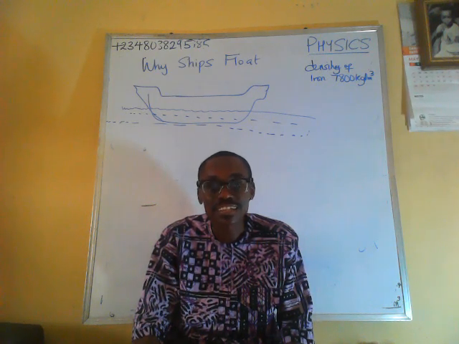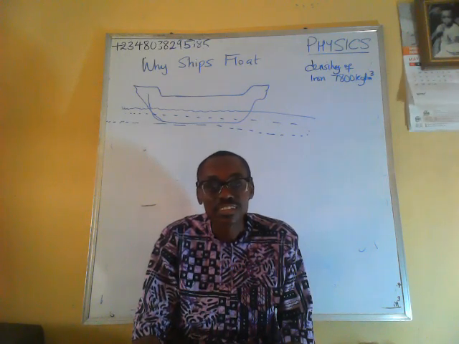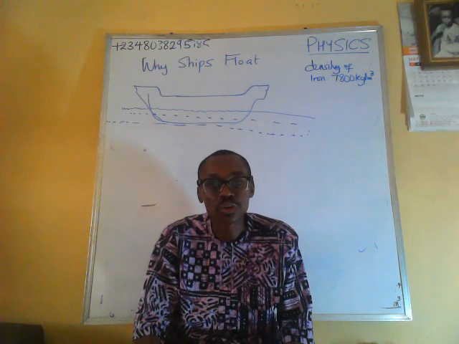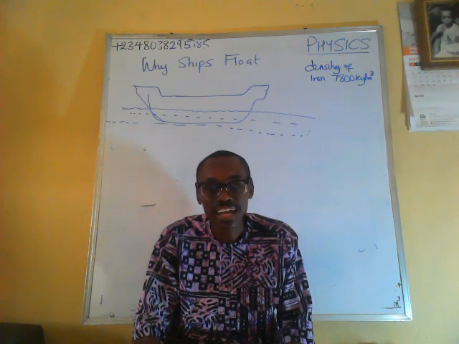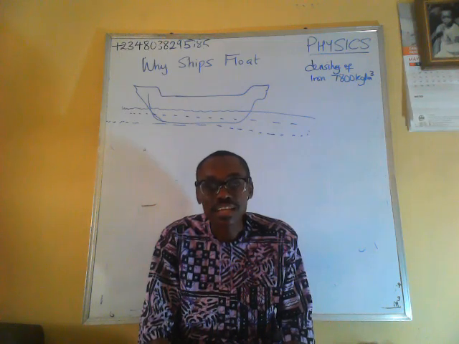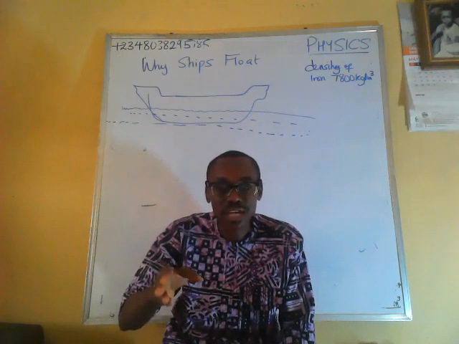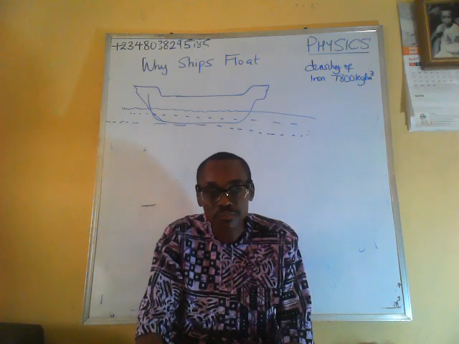So like I said, the topic is why ships float. Why do ships float? Ships are made of iron, they are made of steel, and the density of iron is far greater than the density of water. Normally, something can only float in a liquid when the density of that object is smaller than the density of the liquid.